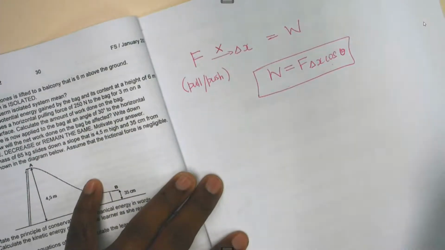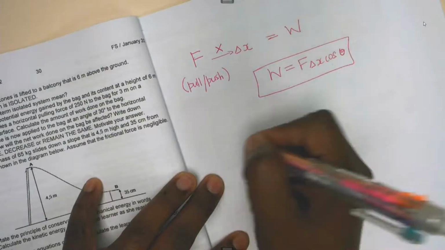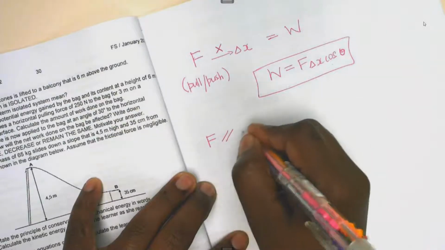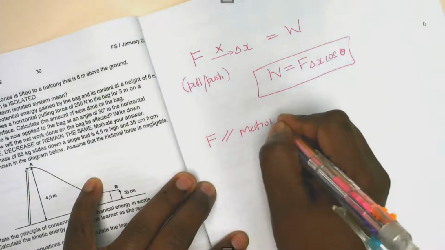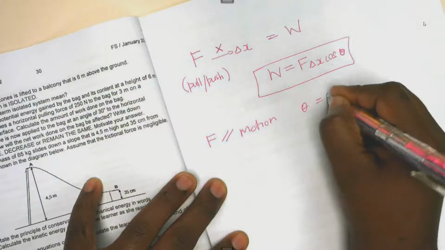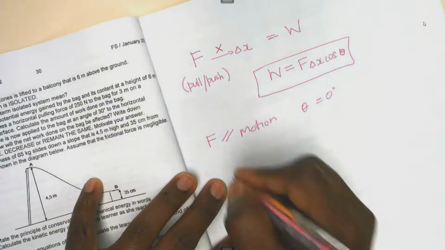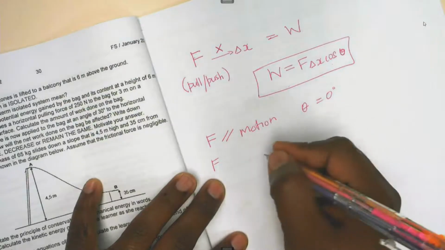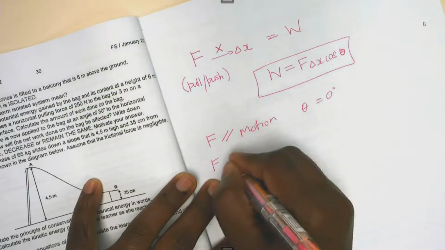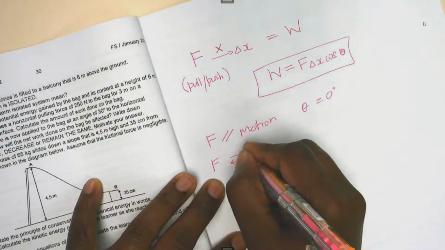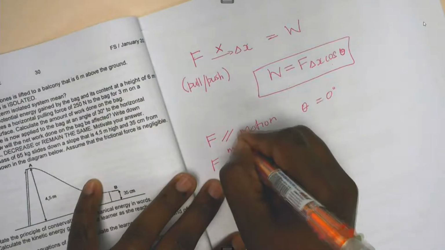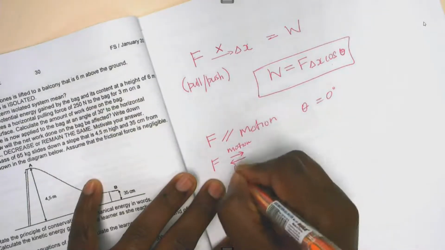Then if this force is parallel to motion, theta is 0. If the force is, let me say, I'll use this one, so this is motion and this is force.